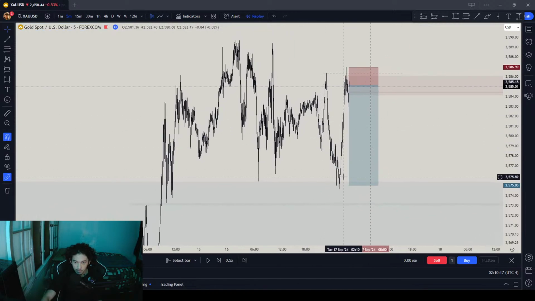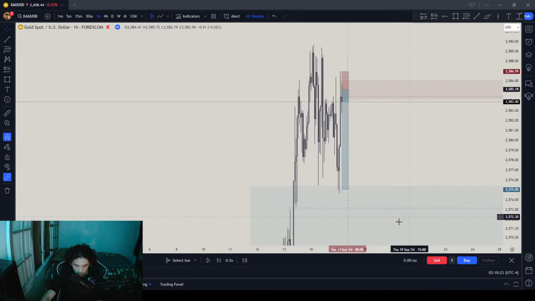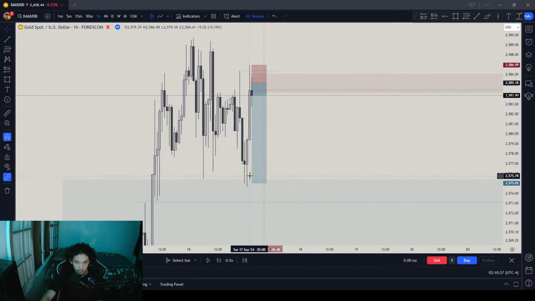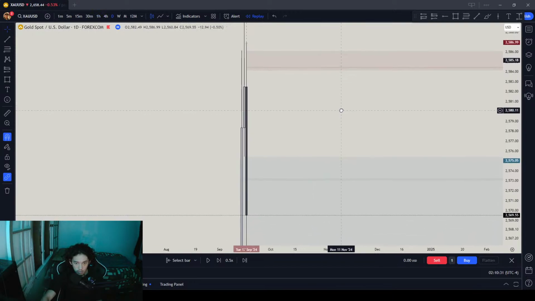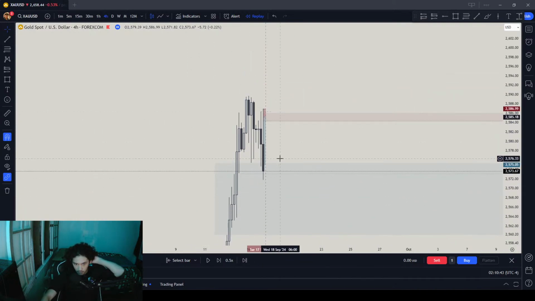Wait, so price already pushed down here. I mean, did it already push down there? Price already pushed down to the daily fair value gap. But didn't daily time frame already push down to the fair value gap?